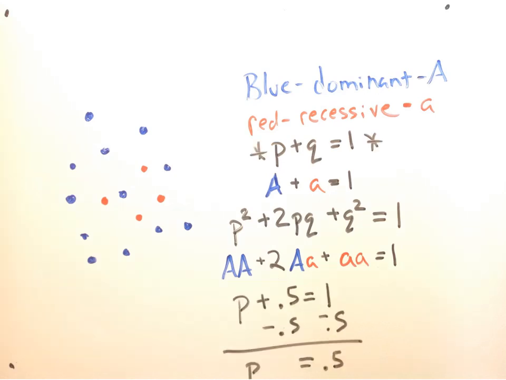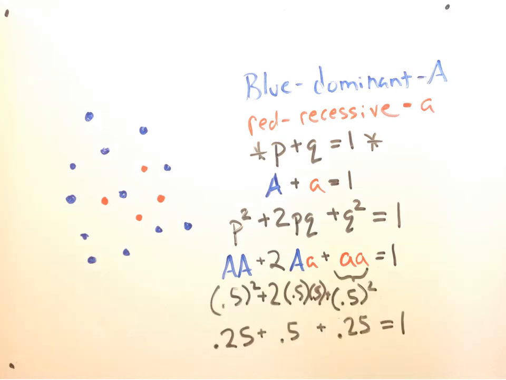So make sure you get your decimal in the right spot. Now that we know that Q equals 0.5, we can put Q into that first equation, P plus Q equals 1. If P plus Q equals 1 and Q equals 0.5, then P equals 0.5. Now that we have the values for both P and Q, we can plug them both into the second equation.